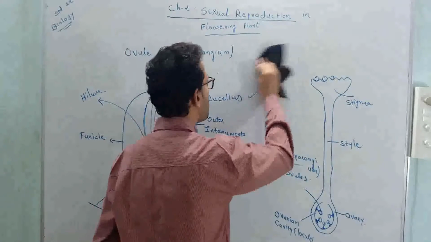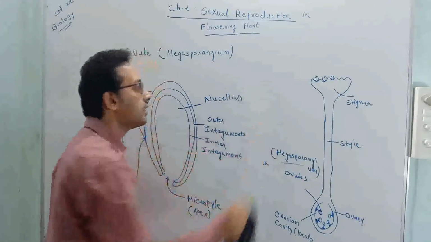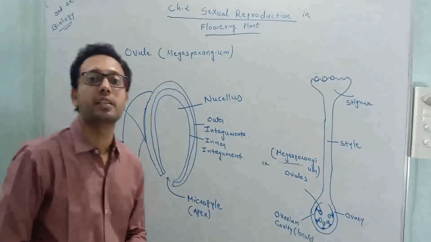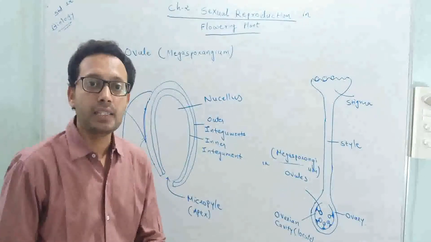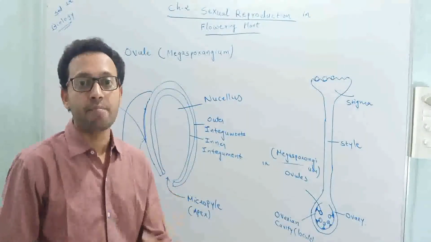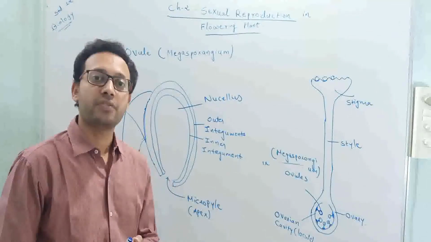This nucellus is filled with reserve food material, and that is utilized by the developing embryo cell or the female gametophyte.